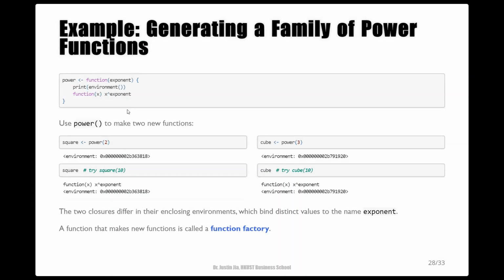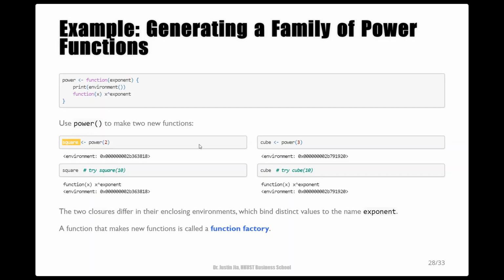Function closures have many important applications. One of them is function factories, which are functions that can make new functions. The example here is this power function, which outputs an anonymous function as its return value. And here, I call it twice with different arguments to the parameter exponent, resulting in two functions.